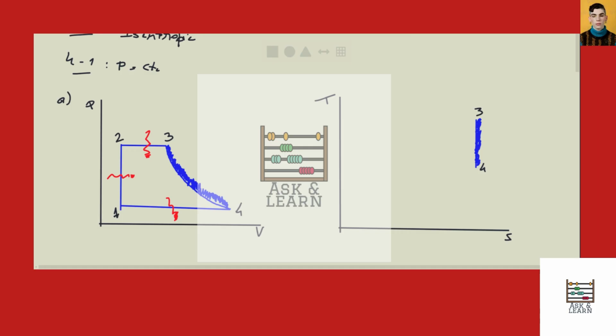So the 2, 3 is going to be this one, and the 1, 2 is going to be this one, and the final one is this. So here we have 2 and 1, and again the heat enters here, and leaves here. Okay, so that's the part A. Describe the PV and TS diagram.